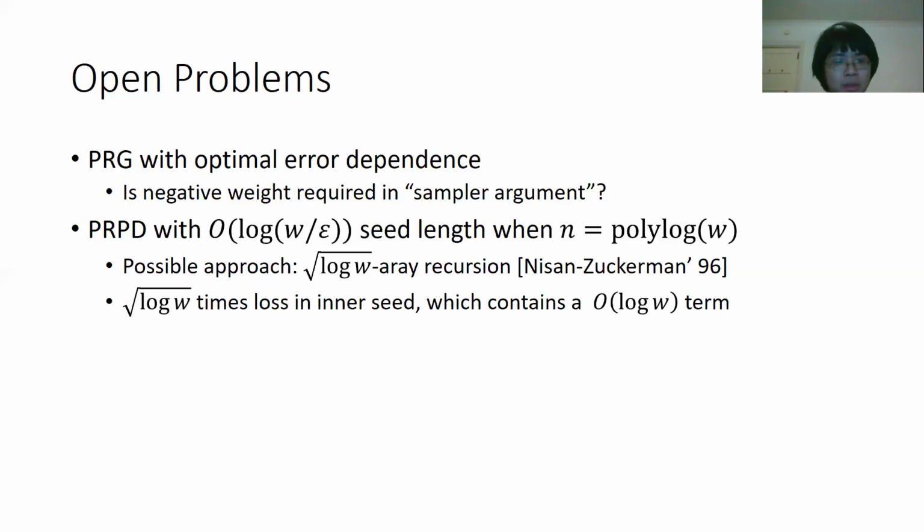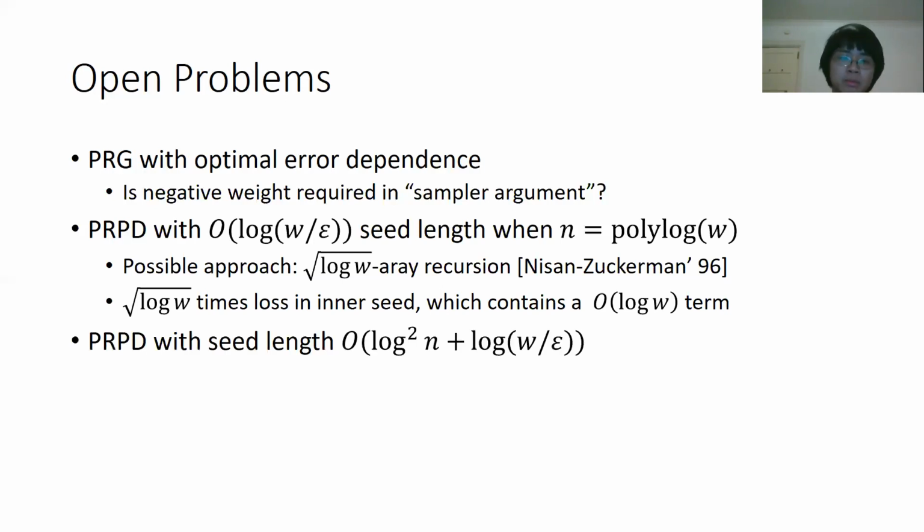But because the inner seed we mentioned in the previous slide cannot be recycled, if we use a recursion tree with more branches, the inner seed will also be multiplied by a factor equal to the number of branches. And the inner seed actually contains a log W term. So this makes the output seed much worse than what we want.